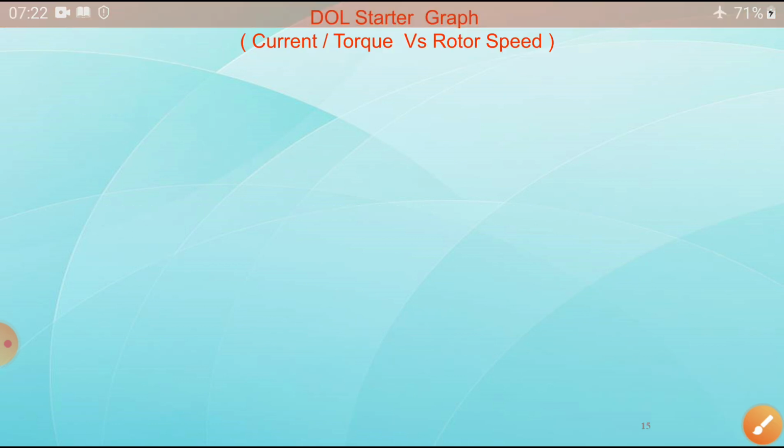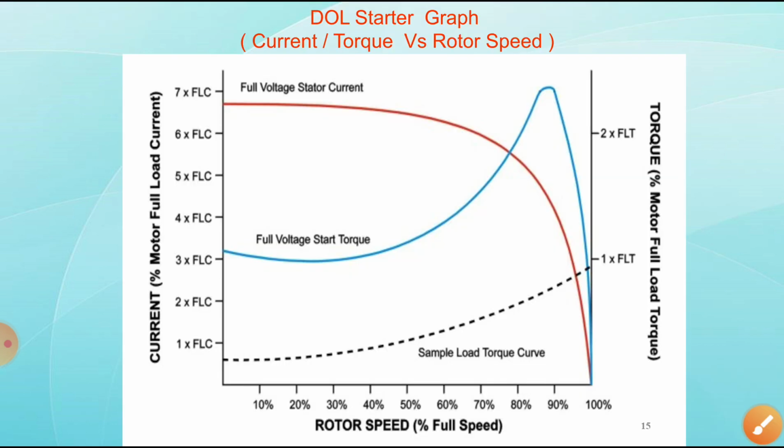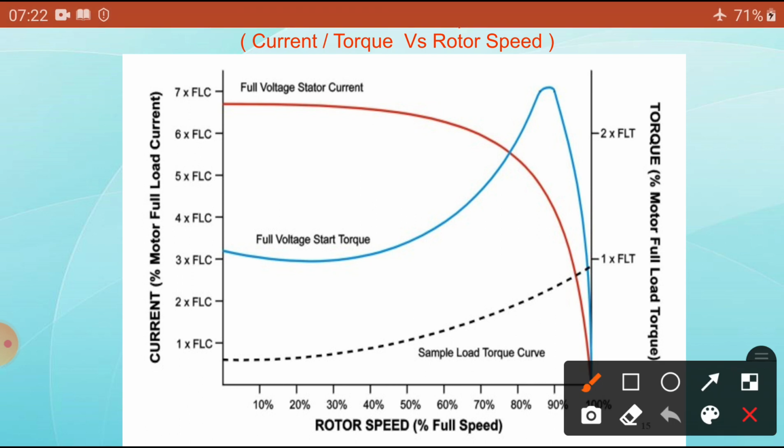Okay, now we can see this graph. This is very familiar. What is the graph it shows? You can see it is the speed here, from 0 the speed is increasing up to 100%. At that condition, the current here, what is the current? The current is the motor current as a percentage of full load current.